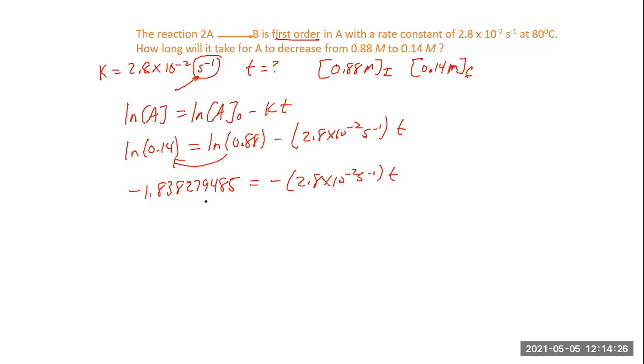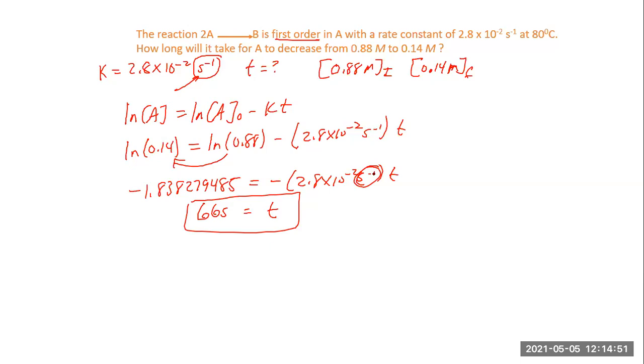Obviously, we're going to divide that to the other side, also remembering that there is a negative sign there as well. And if we do that, we end up with a time that is about 66 seconds. The units of seconds really do come from here when we do that. Any questions on that there?